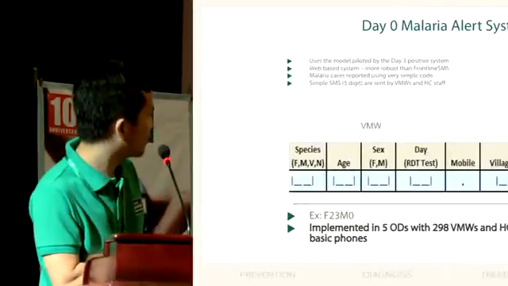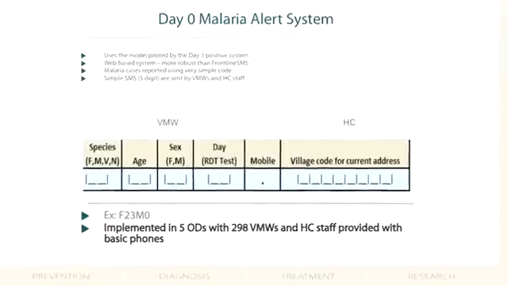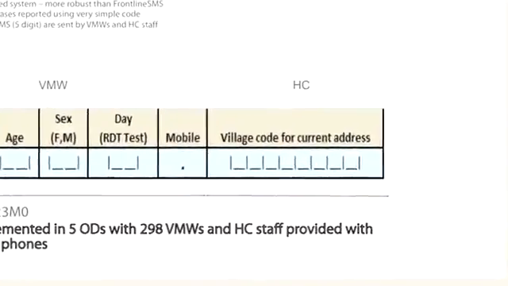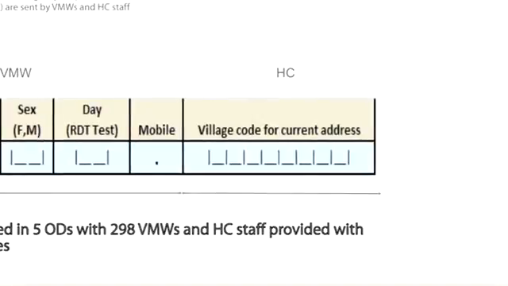And this one is a village code. This is for health center staff only, not for VMWs, because in the health center there are many patients from different villages. That's why we identify the code of the village.